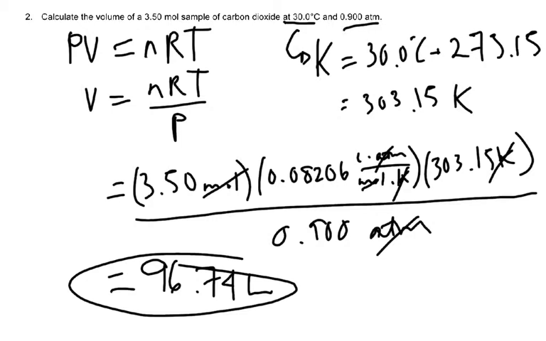The pressure is about the same, and then you have more than just 1 mole. So you would expect this to be a couple times higher than 22.4. And in fact, it is of a magnitude that you would expect. So it's nice to have a sensibility about what value your calculation should actually be.